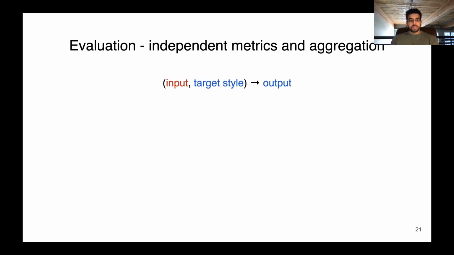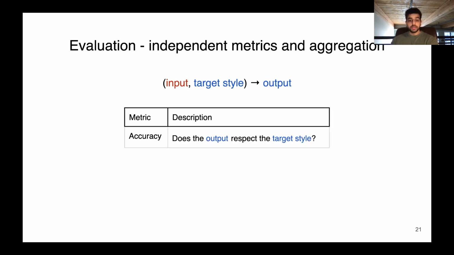Okay, so I just wanted to give a quick note about how we actually evaluate our model. Remember that it takes an input sentence and a target style and produces an output. There are three different metrics that we use. One is accuracy: does the output have the target style that we want?